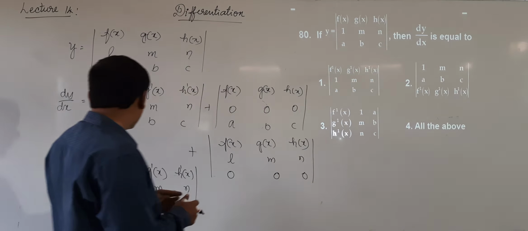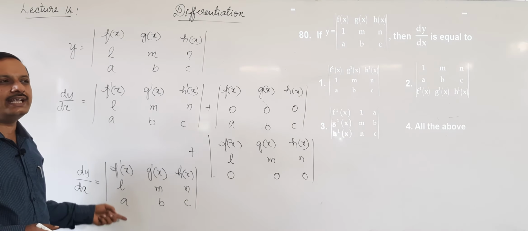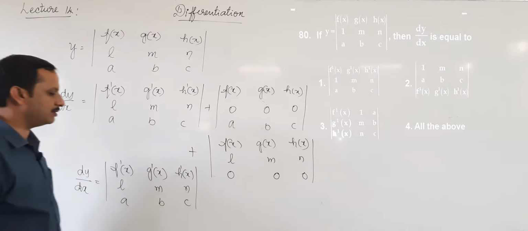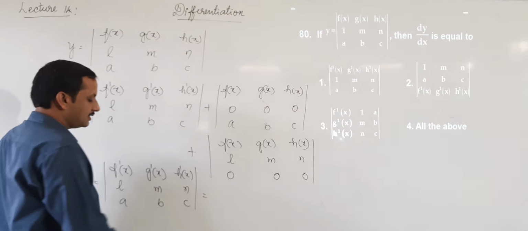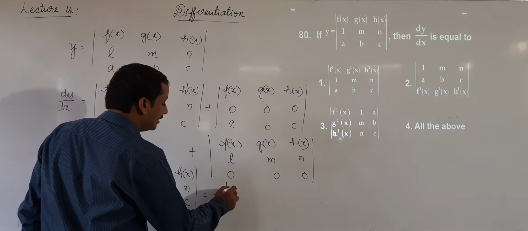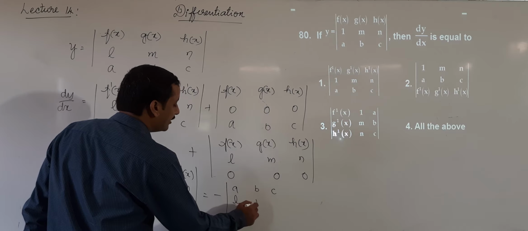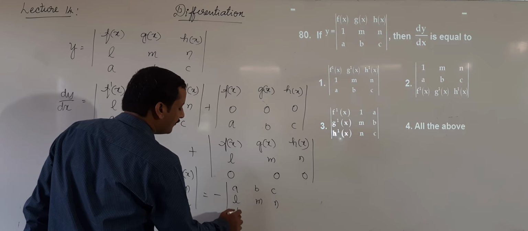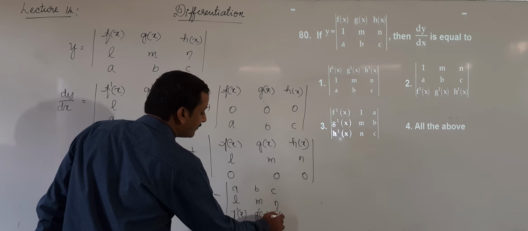See, from this I will interchange the first and third rows. When I interchange two rows, the sign of the determinant changes. So, this will become minus A, B, C, L, M, N, f dash of x, g dash of x, h dash of x.